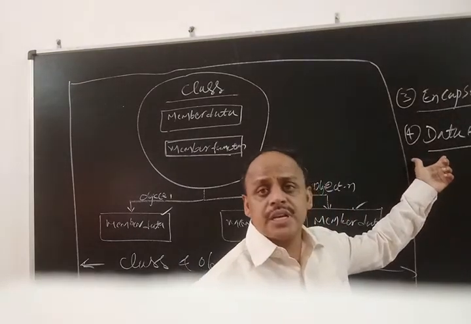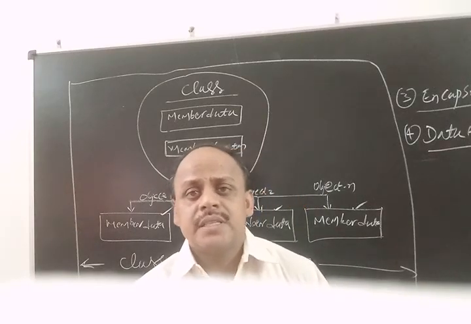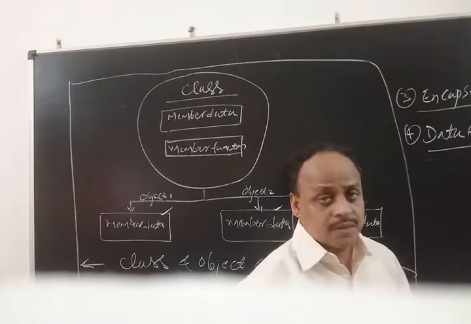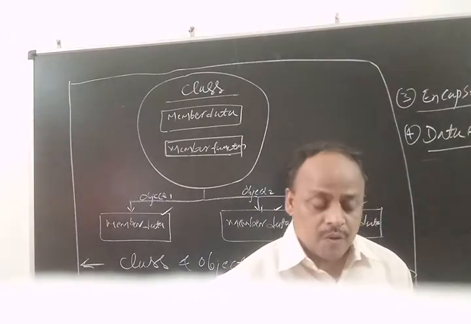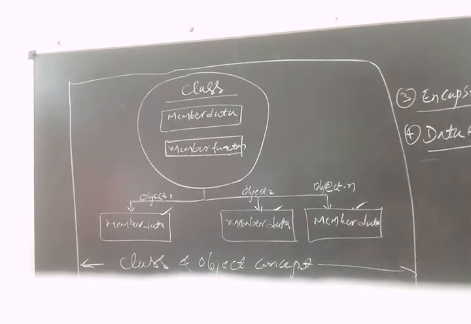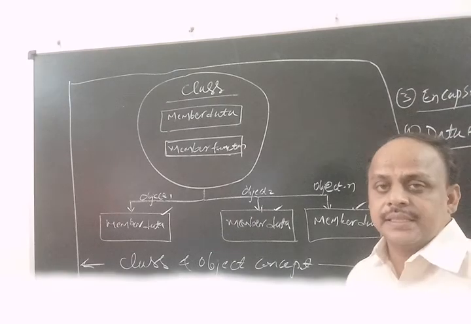This data abstraction is also one of the basic concepts of OOP. It is a mechanism of providing only essential information to the outside world and hiding the background details, to represent the needed information in a program without presenting the background details.